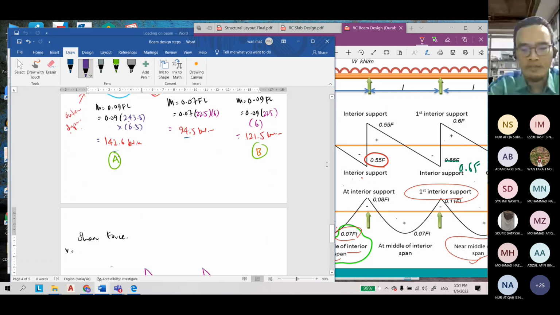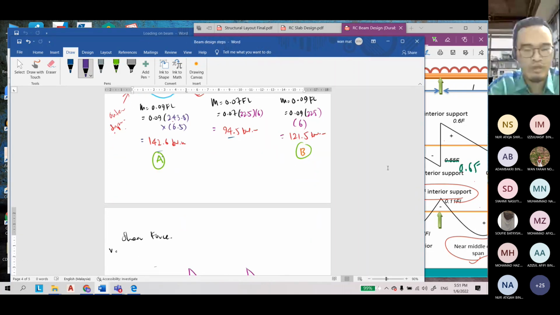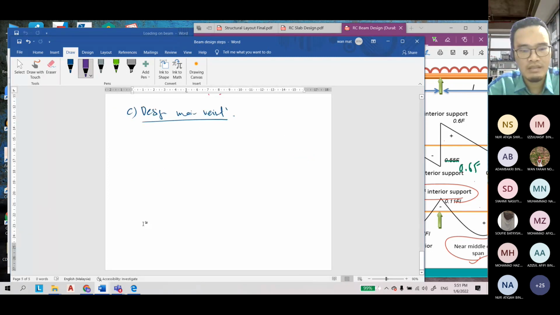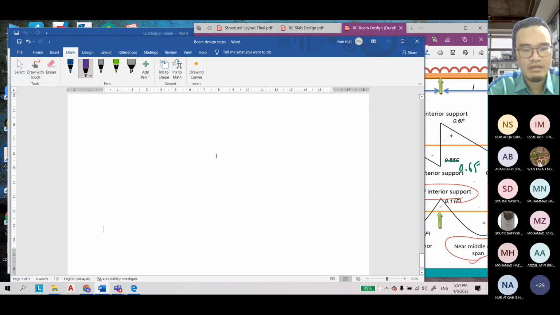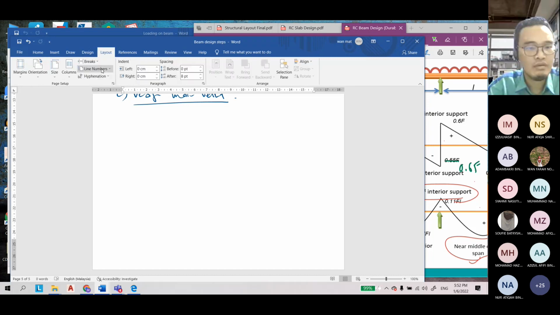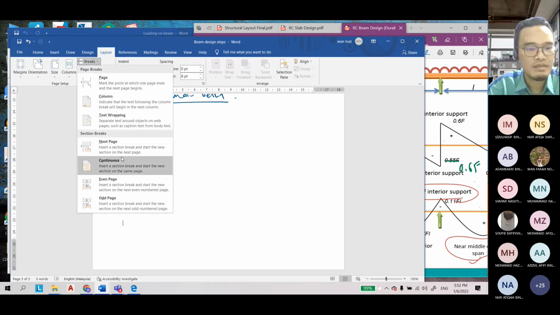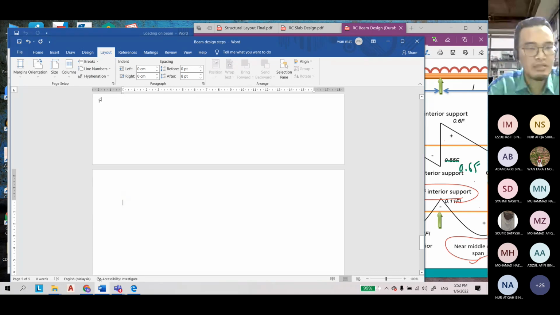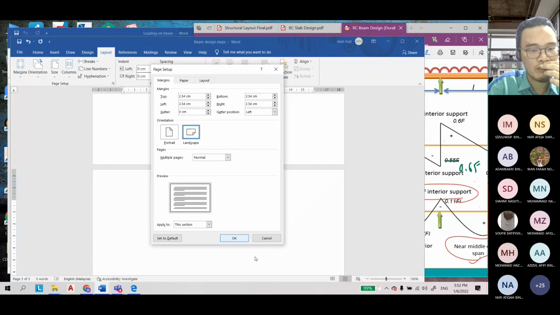For this, we are running out of time. So we break the page. In the layout, I changed the setup of this page to landscape.